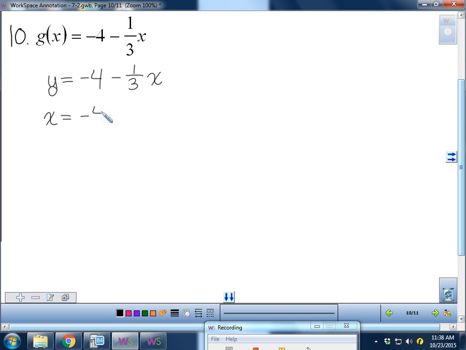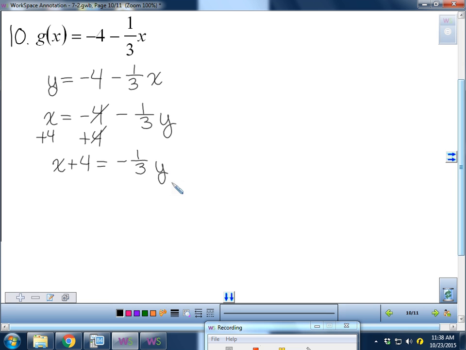And honestly, you could combine those two steps into one once you got the hang of everything. All right, so now I'm just simply solving for y. Okay, so I will save this part right here for last and move this away first. So I've got to add the 4. So I have x plus 4 equals negative 1/3 y.